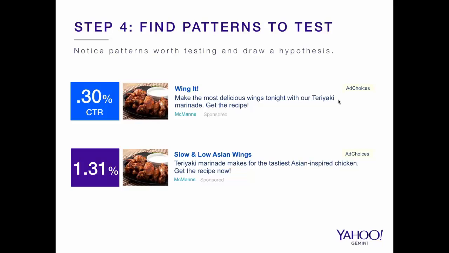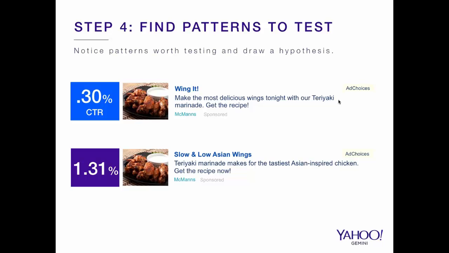In this case, our hypothesis was, because this was a native ad with a nice looking image, that perhaps "Slow and Asian Wings," the actual title of the recipe, coupled with the picture, was much more enticing and reached the end user on an emotional level.